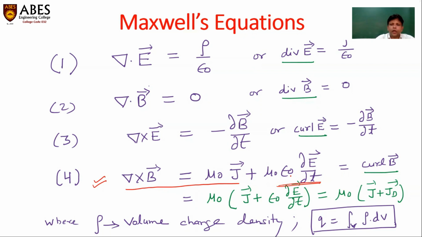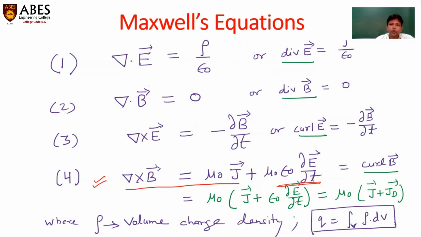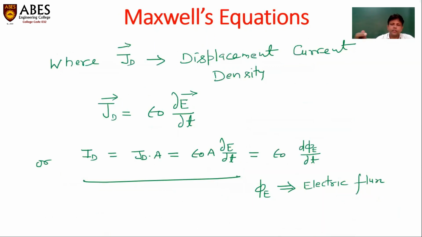I would like to tell you something about the displacement current. What is the displacement current? This additional term, mu naught epsilon naught del E by del t, is known as the displacement current. You can see here, JD is equal to epsilon naught del E by del t.